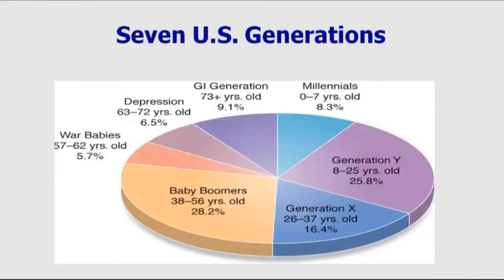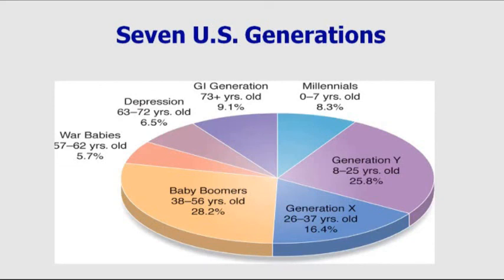So we mentioned earlier class about the 7 US generation. So aside from Generation Y, Generation X, and baby boomers, now we also have war babies, those aging 52 to 62 years old and comprise 5.7% of their total population. Then the depression, 63 to 72 years old, that's 6.5%. No? The GI generation, 73 plus years old, which is 9.1% of their total population.